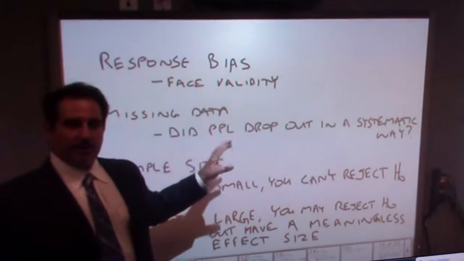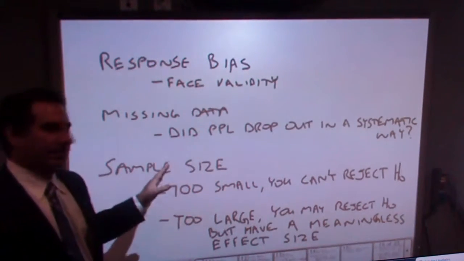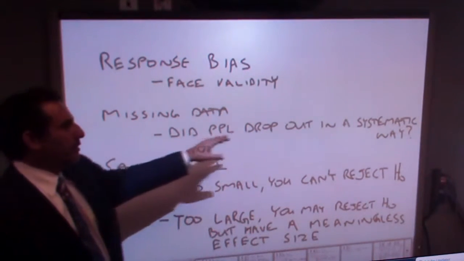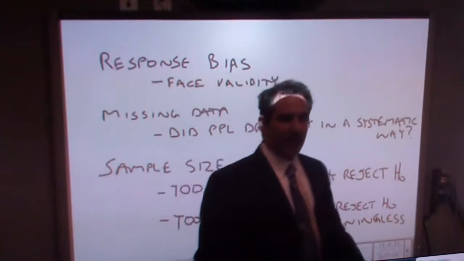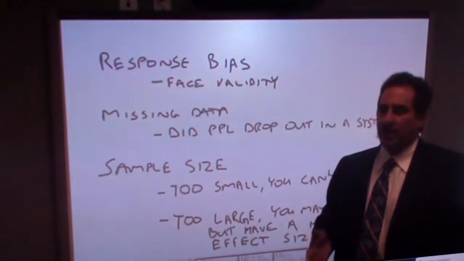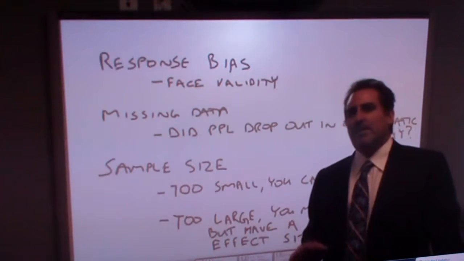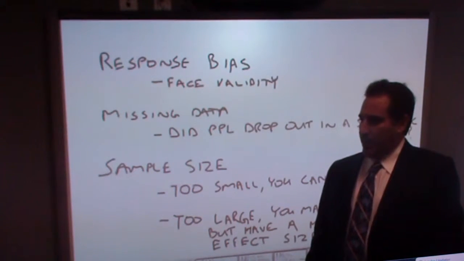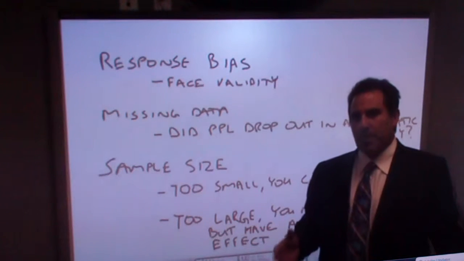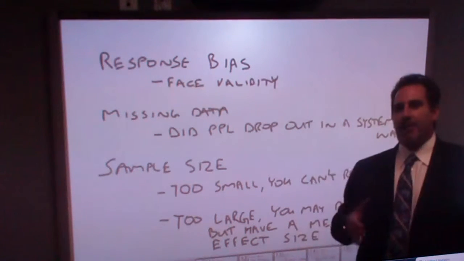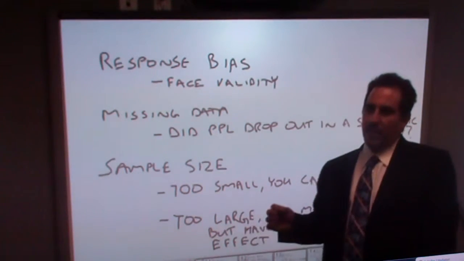Missing data is another important thing that has to be considered. Did people drop out in a systematic way? Let's say that you're doing a study on reducing alcohol use amongst alcoholics, and your intervention is a 12-step group, and at the end of your study, half of the people have dropped out.